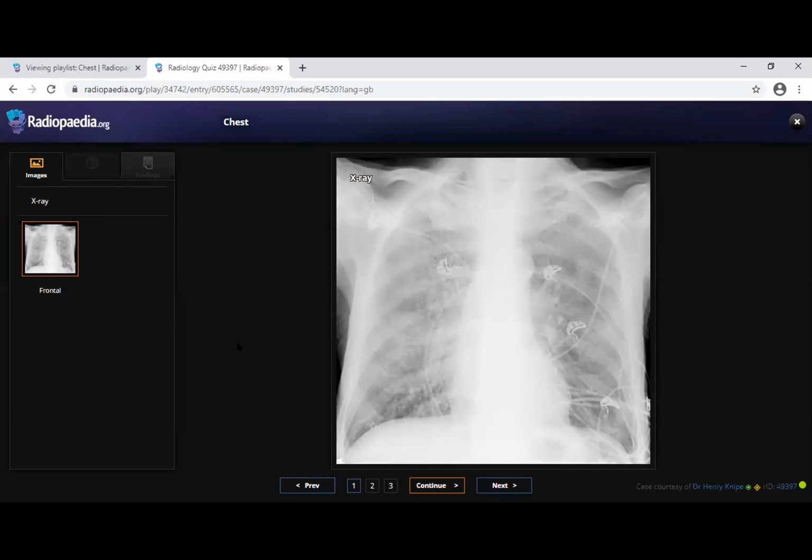Frontal chest radiograph for mature skeletal adult patient. I see there is diffuse ground glass opacification in both lungs. Normal-sized heart shadow, no pleural effusion. According to the clinical history, if the patient has history of fever, could be interstitial pneumonia.